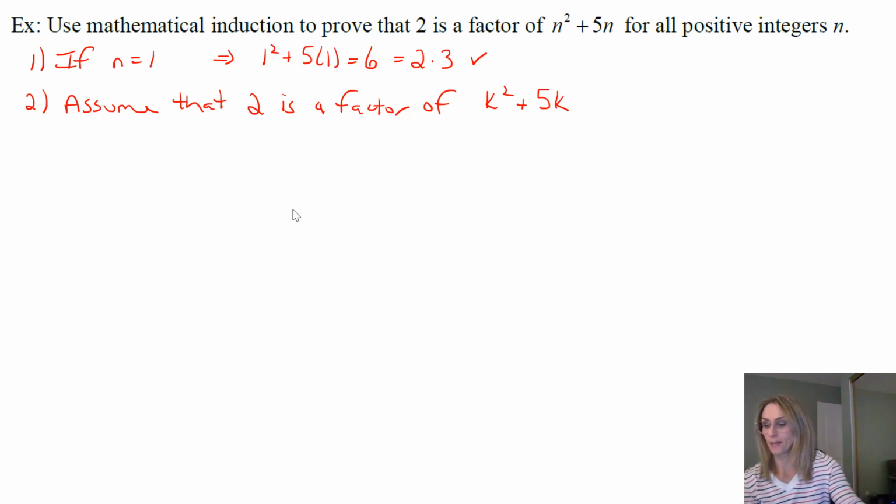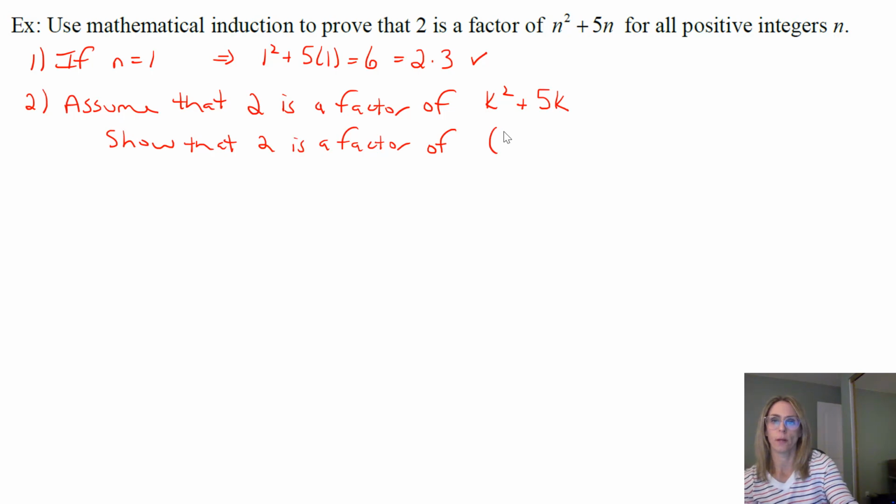We're assuming that. Okay. And then what we want to do is show that 2 is a factor of the next term, k plus 1 squared plus 5 times k plus 1.